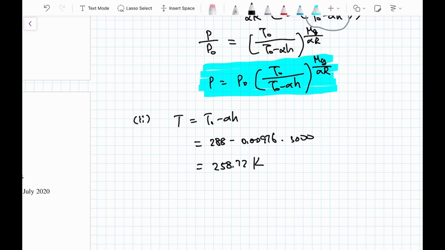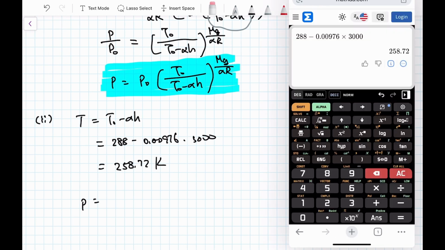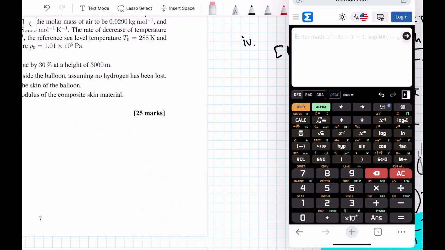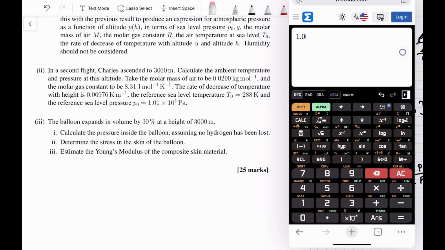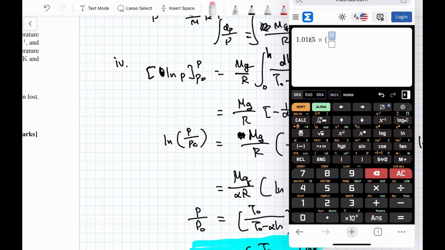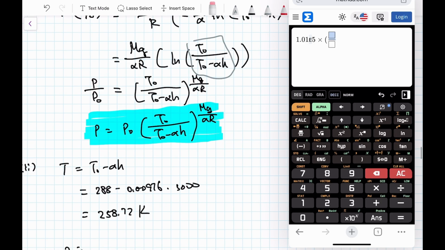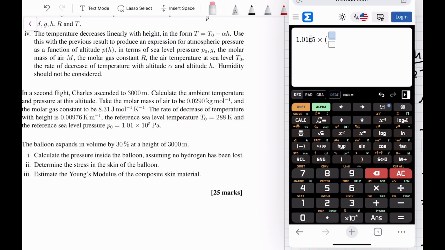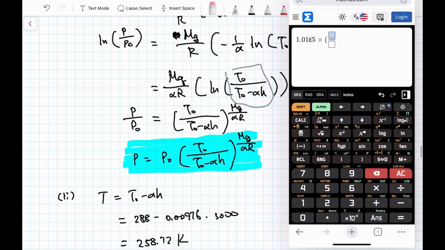Okay, and then we can calculate the pressure, which is just subbing values. I'm just going to put this entire thing into the calculator. So this should be P0, which is 1.01 times 10 to the 5, multiplied by T0 over T0 minus alpha h.